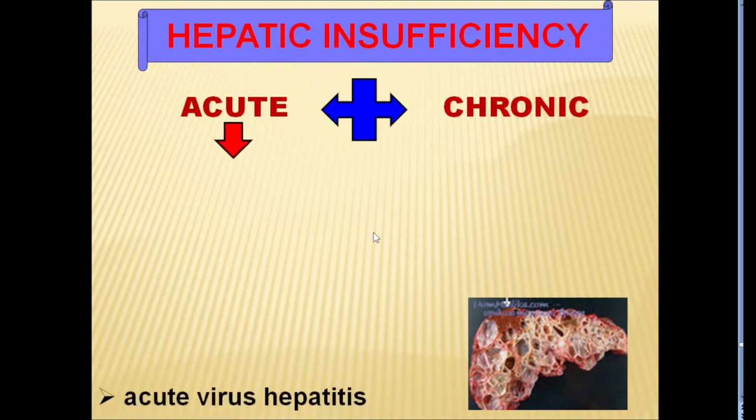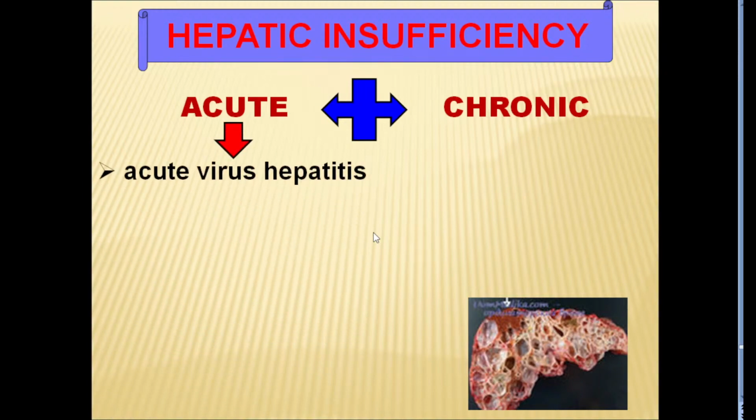Acute hepatic insufficiency appears in any severe acute situation with active destruction of hepatocytes, cytolysis, and first of all, it may be a grave complication of acute virus hepatitis.